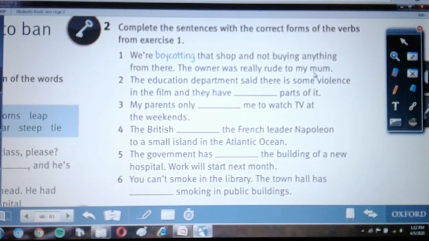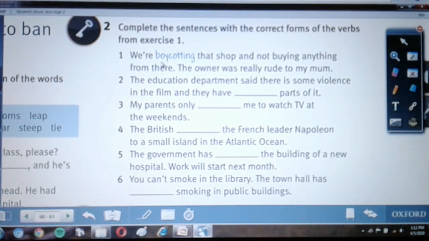After learning the meanings of the verbs from exercise 1, you need to do part 2, in which you have to complete the sentences with the correct forms of the verbs from exercise 1. For example, we are boycotting that shop and not buying anything from there. The owner was really rude to my mom.